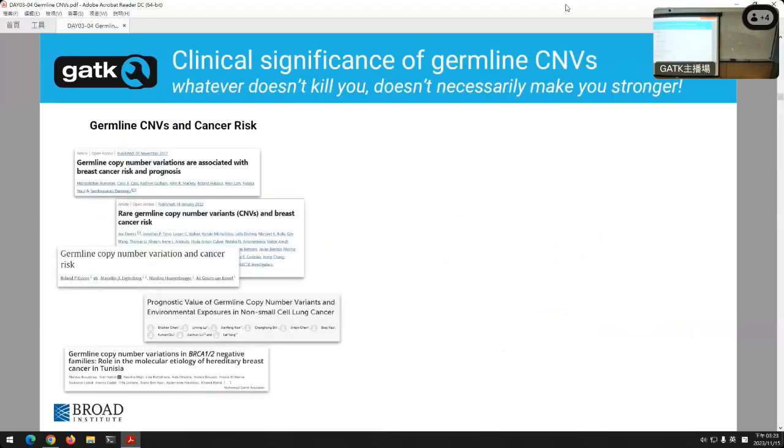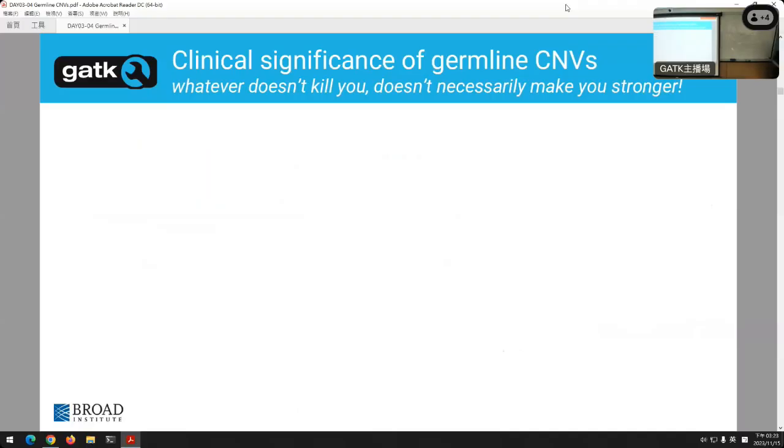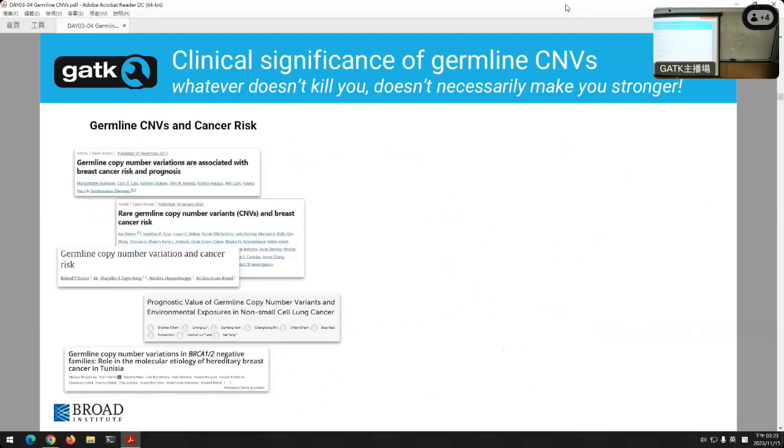Okay, so we obviously have talked about how somatic CNVs are drivers of tumors, but germline CNVs are also very clinically relevant. So on the one hand, they can actually increase your baseline cancer risk and give rise to cancer later in life.